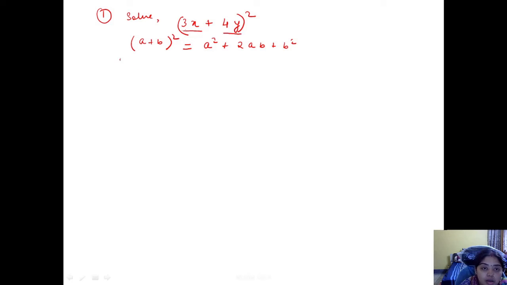So we put the values of a and b accordingly in the equation. We write it as (3x) whole square plus 2 into 3x into 4y plus (4y) whole square.